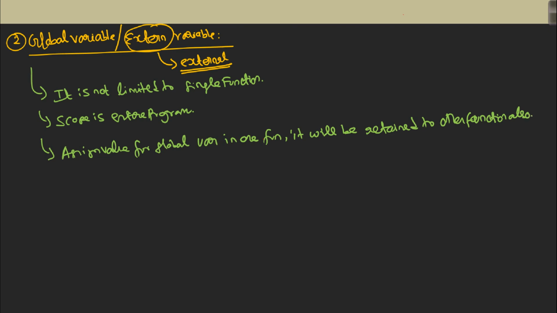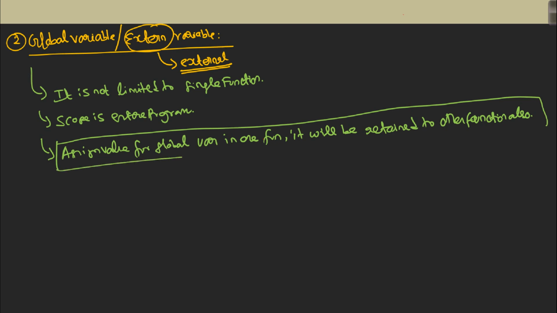This is a very important point. Previously in auto, the value of m will be retained only inside the function. The moment you go out, the m value will be changed to 100, then changed to 1000, but it is not the case under global. The assigned value for a global variable in one function will be retained in other functions also. This is a very important point.